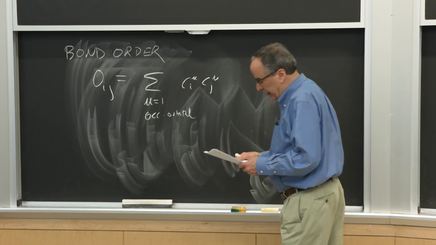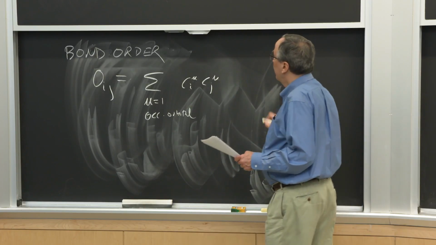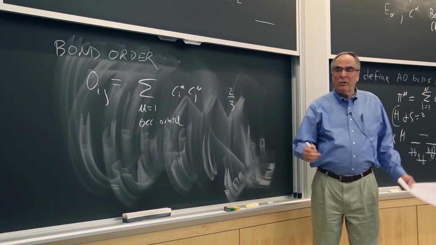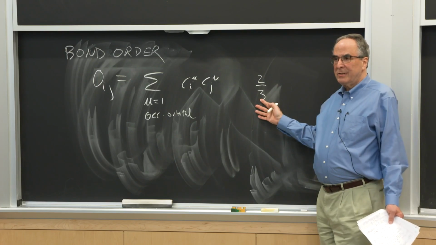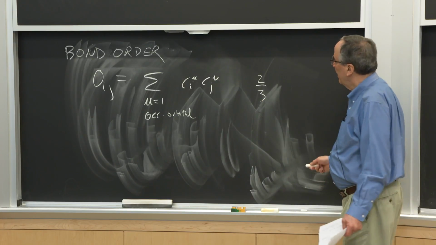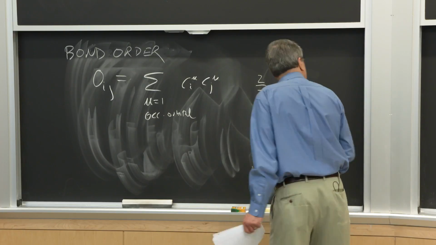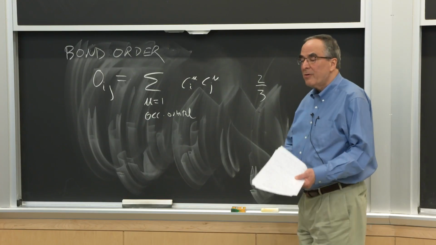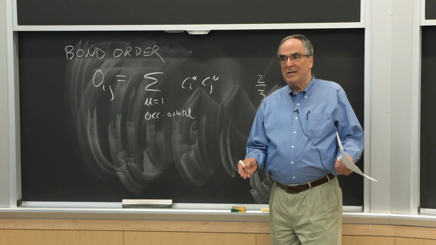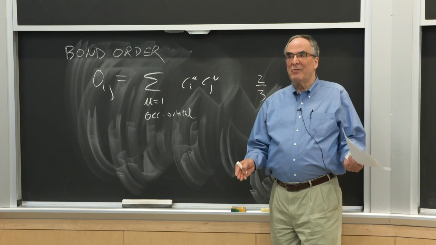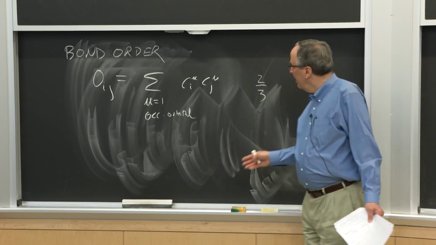And so we can calculate the bond order, and we find that every bond has a pi bond order of 2/3, which is neat because the non-resonant structure says 3 of the bonds have a pi bond order of 0, and 3 have a bond order of 1.